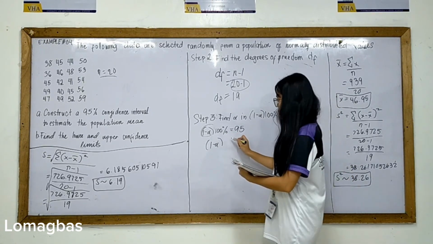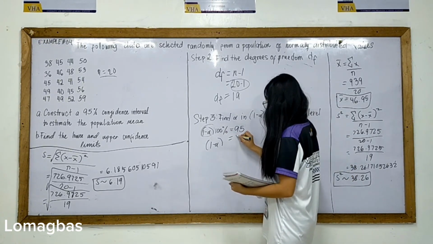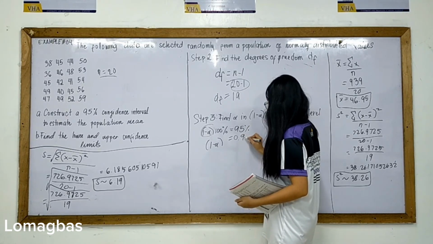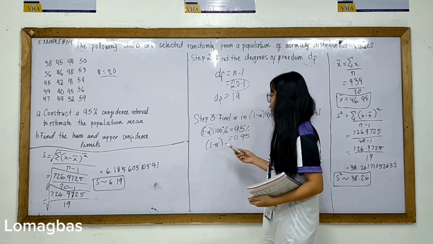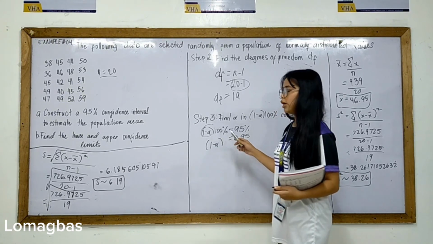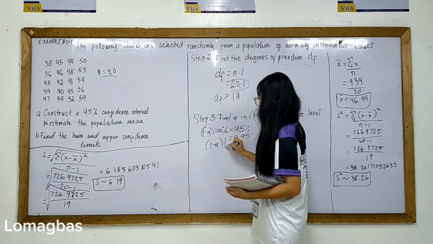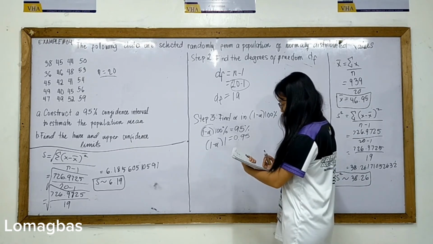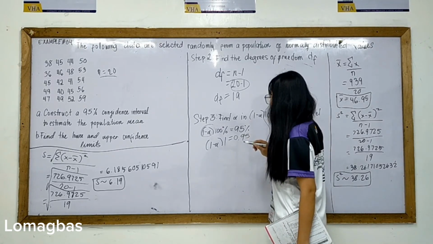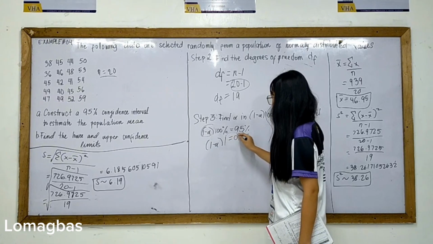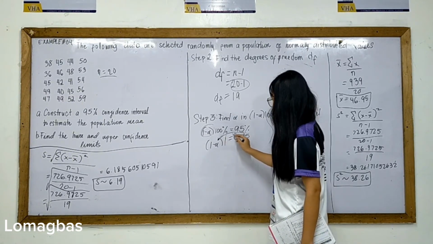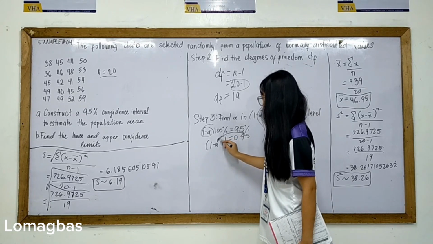So that will be 0.95. And to get our 1, we have to divide 100 by itself. So 1 equals 1, and 95% equals 0.95. And then we will substitute alpha here.